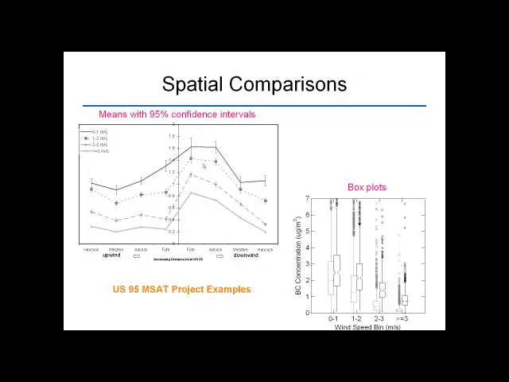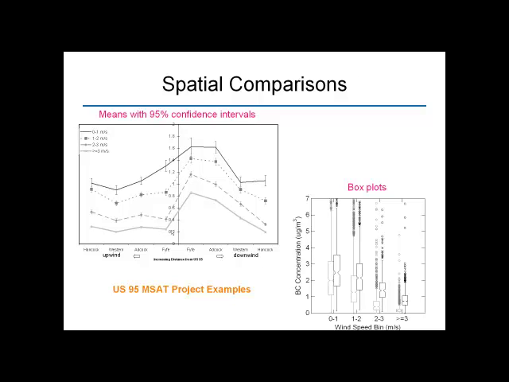And what we're showing here is, in the left plot, we're showing as a function of wind speed, where the winds are the different colored lines, at the different schools when the winds are either upwind or downwind of US 95, what the average concentrations look like at each of these sites over the course of a year. And these are means with 95% confidence intervals. The units for the y-axis, which aren't shown, are micrograms per meter cubed.